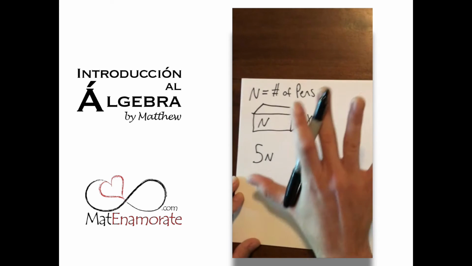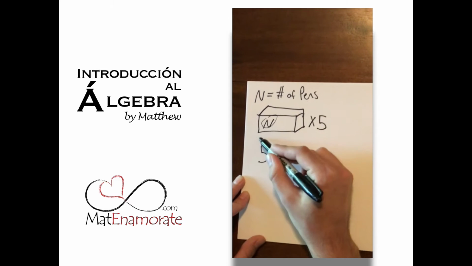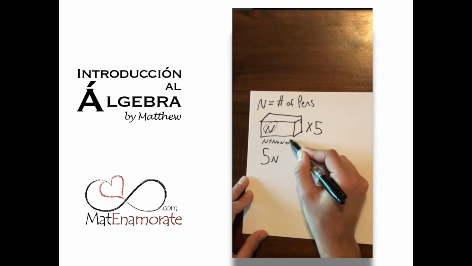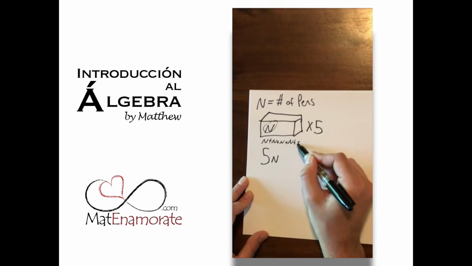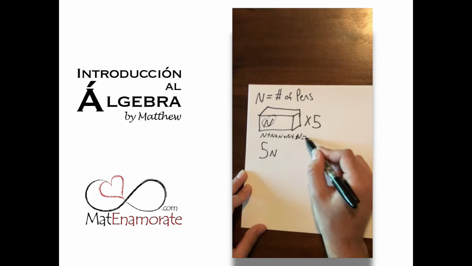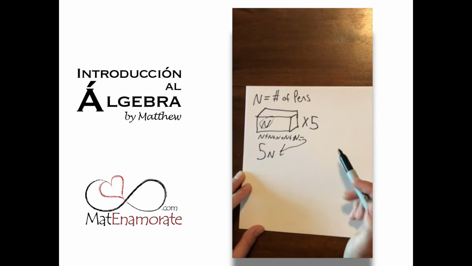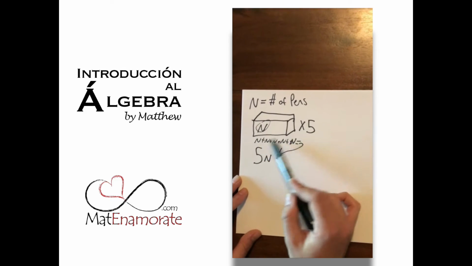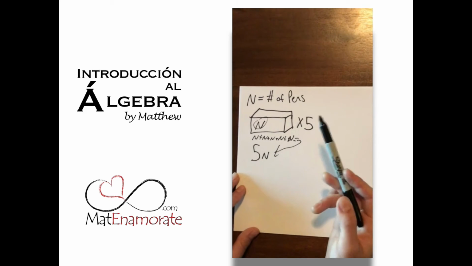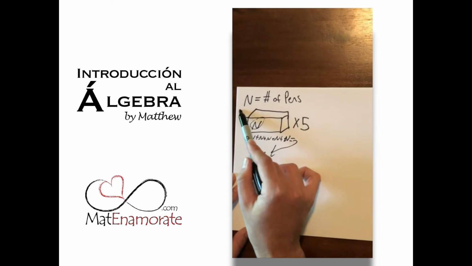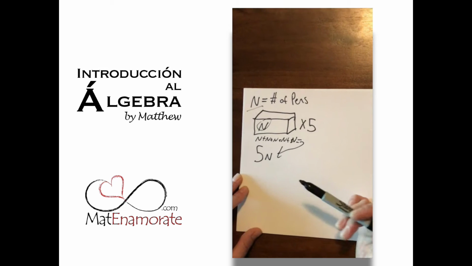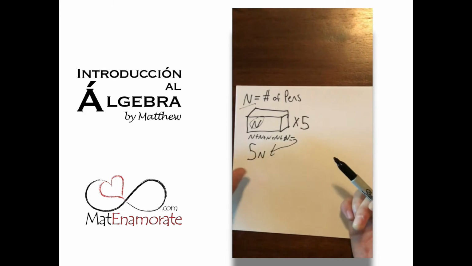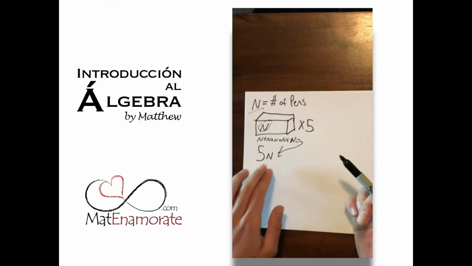So we have 5 n's. 1, 2, 3, 4, 5. And that is equal to 5n. Now, we don't know how many pens are in each box, which is why we're using this letter to represent that number. So for this side, we have 5n.